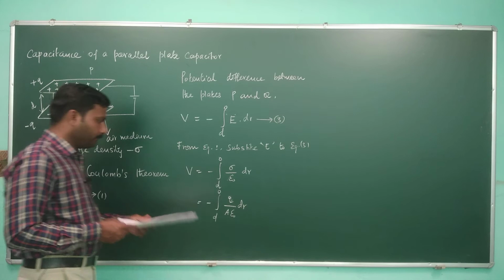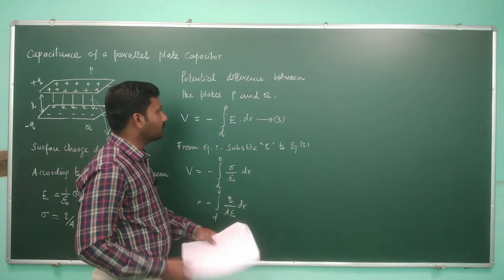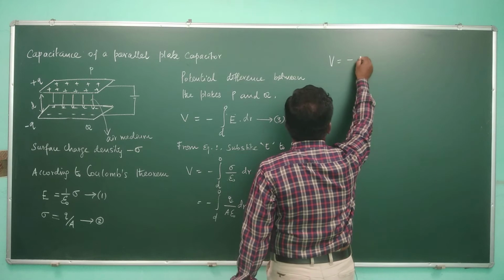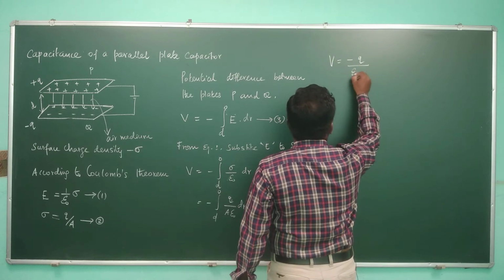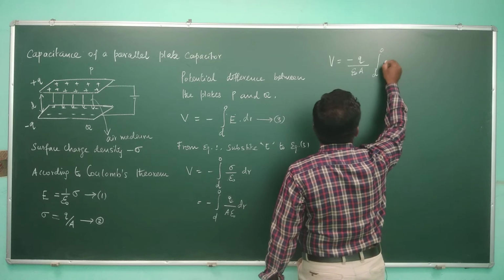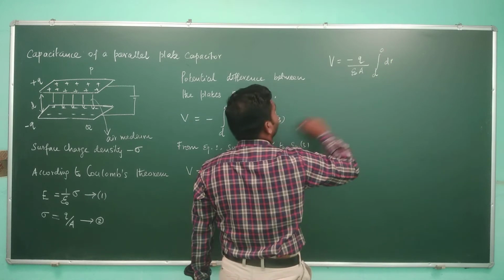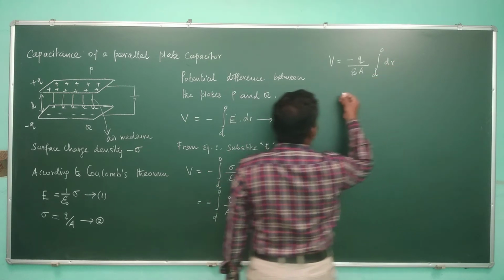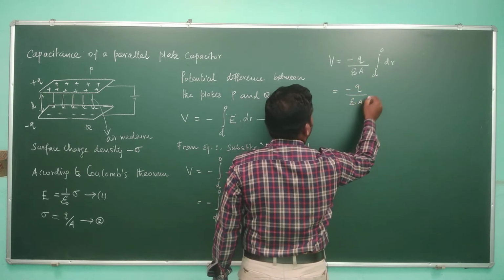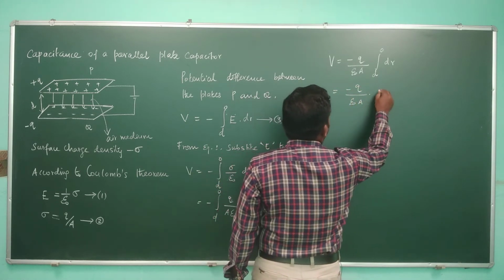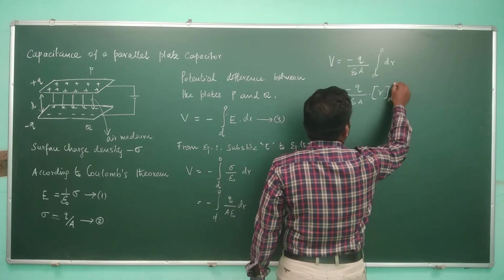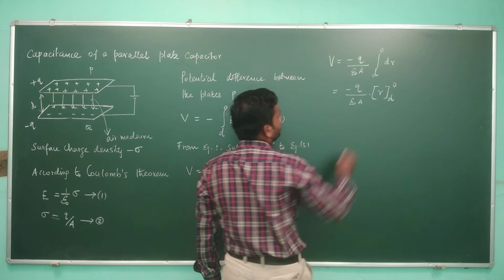All these terms are constants, so we can write V equals minus Q by epsilon naught A times the integral of dr from D to 0. This becomes minus Q by epsilon naught A into r, where lower limit D, upper limit 0.